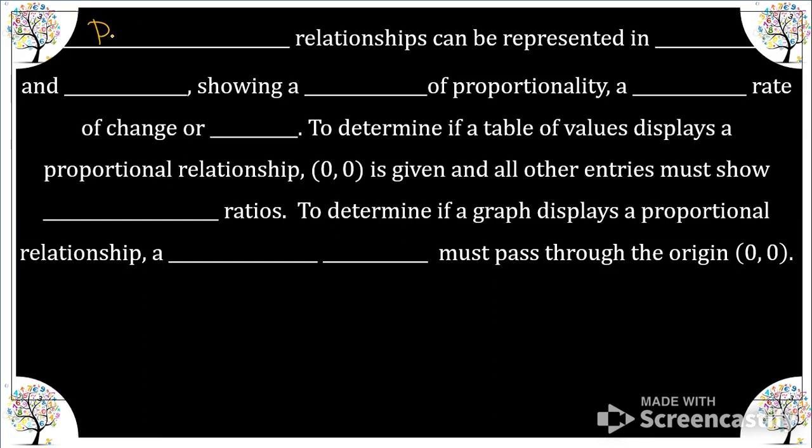Proportional relationships can be represented in tables and graphs, showing a constant of proportionality, also called a constant rate of change.